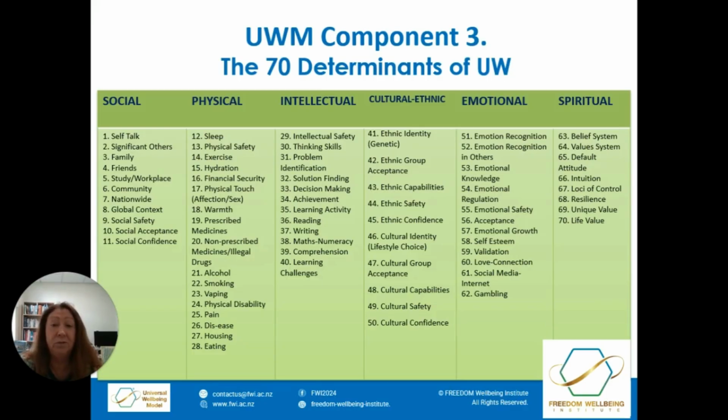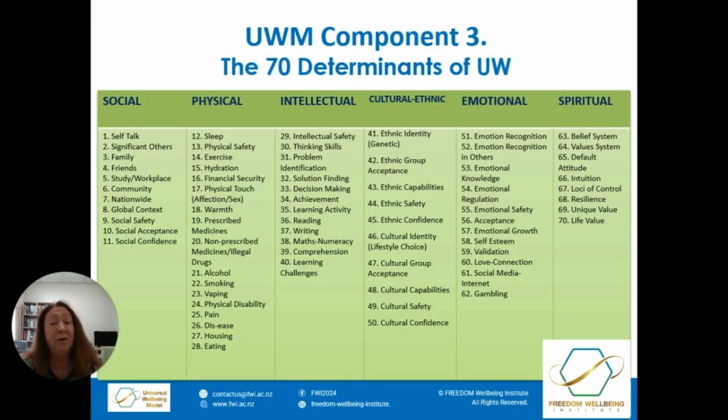So, for example, the first determinant mentioned is self-talk, those internal conversations we have. We may find when we're thinking about doing something that we have a self-talk process that is positive and encouraging, that gets us to examine something and supports us taking action or behaving in ways that are positive and supportive of our universal well-being.